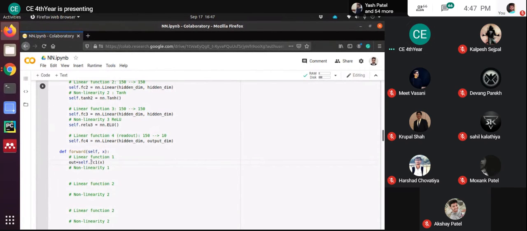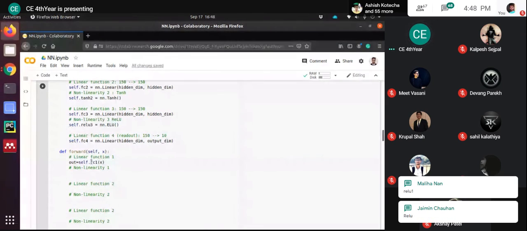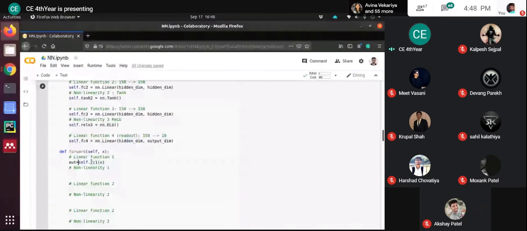Now next what? Activation of layer 1, right? So what is the name of the activation of layer 1? Yes, relu1, right? The function name is ReLU, but here we have created the variable relu1. Fine.